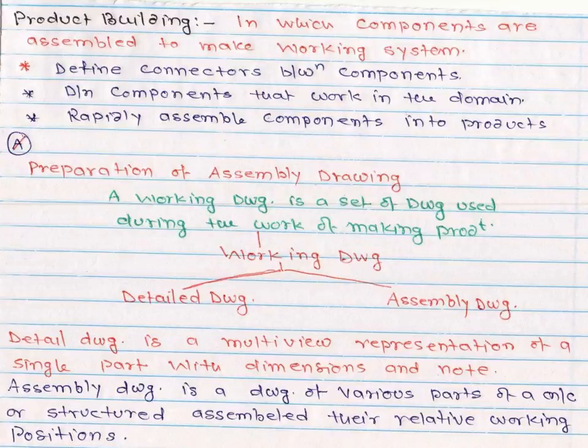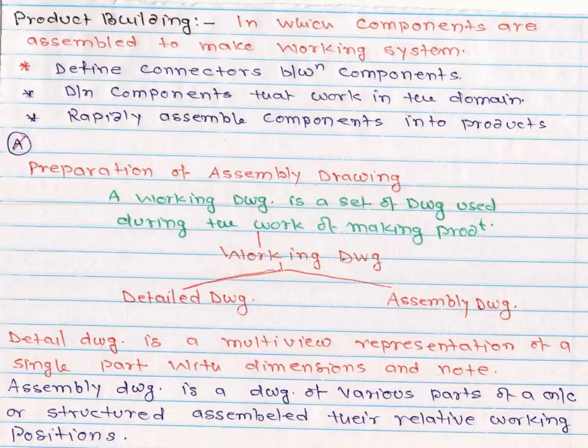For a complete product, we make one drawing with different views, as we already learned in machine drawing. In some cases we need only the plan and the elevation, in some cases the elevation and side elevation, and in some cases, to understand the product, we need all three views.